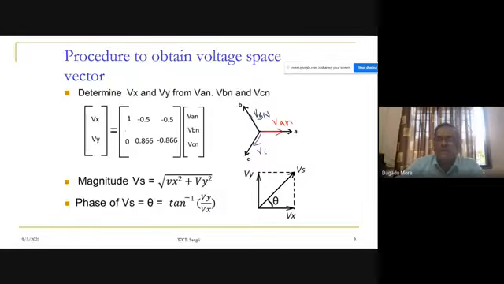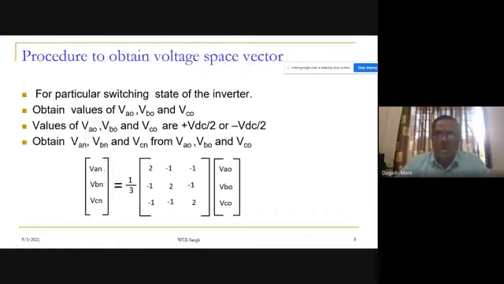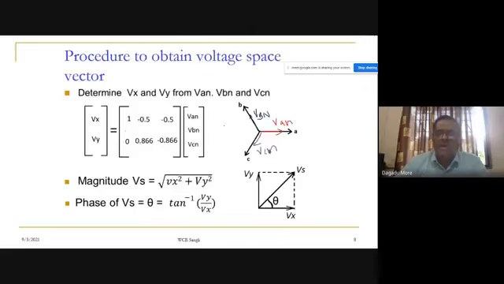We have these three voltages VAN, VBN, VCN with constant values at a particular switching state, as VAO, VBO, VCO are constant, either plus VDC by 2 or minus VDC by 2. Hence VAN gets a specific value, VBN gets a specific value, VCN gets a specific value.